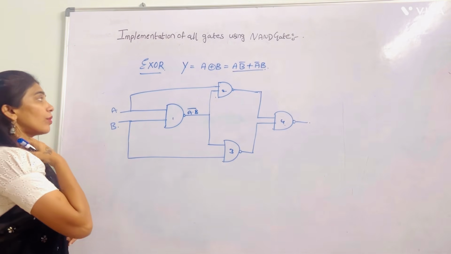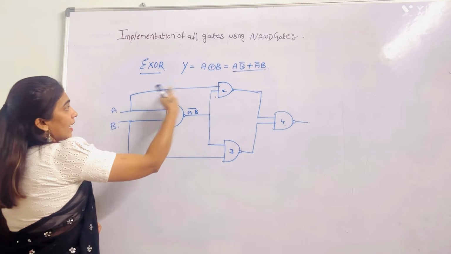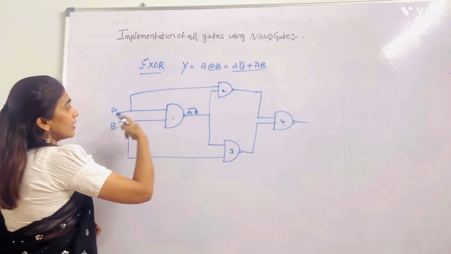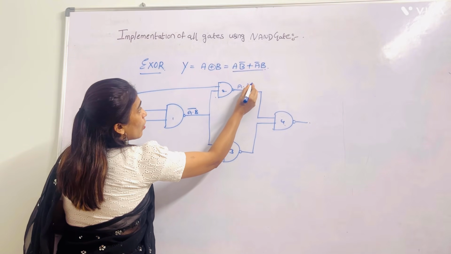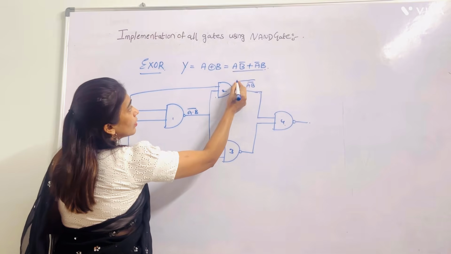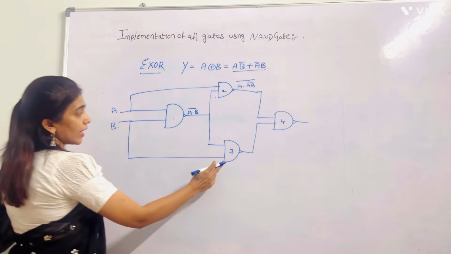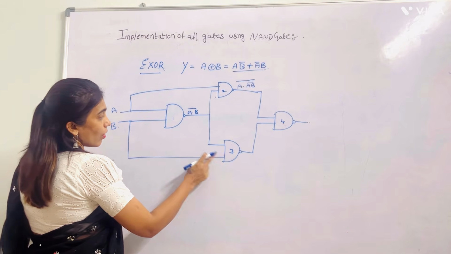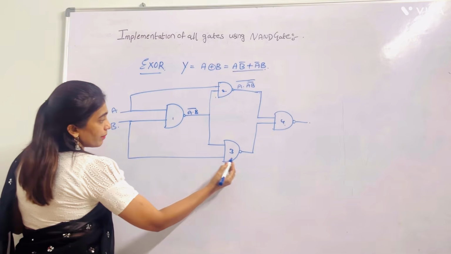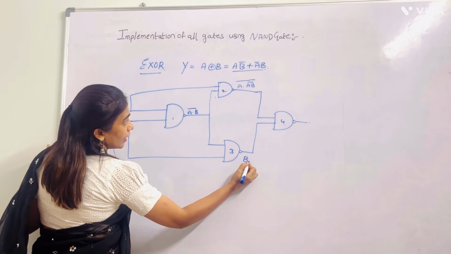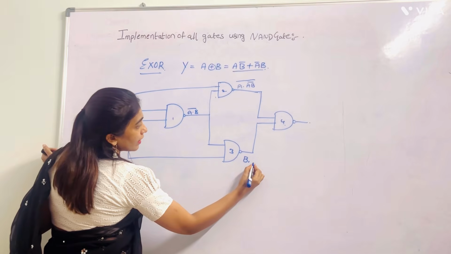Then the second gate output. Second gate inputs are A and AB whole bar, right? So A into AB whole bar, taking whole complement. Next, the third gate output. What are the inputs of the third gate here? One input is B, and one more input is AB whole bar.